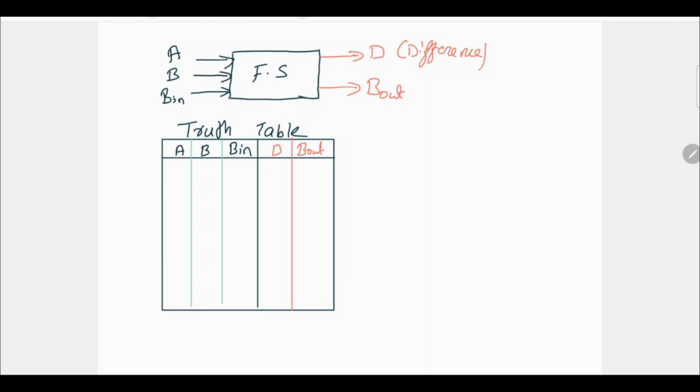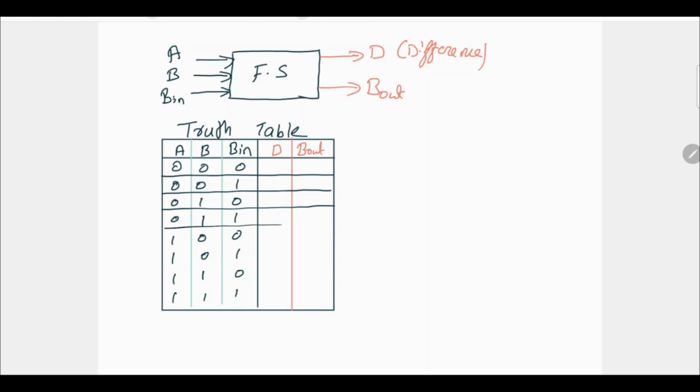So, we will try the different combinations 0, 0, 0, 0, 0, 1, 0, 1, 0, 0, 1, 1, 1, 0, 0, 1, 0, 1, 1, 1, 0, 1, 1, 1. So, these are the different input combinations with 3 bits. Now, we will see the outputs for each different combination of input.